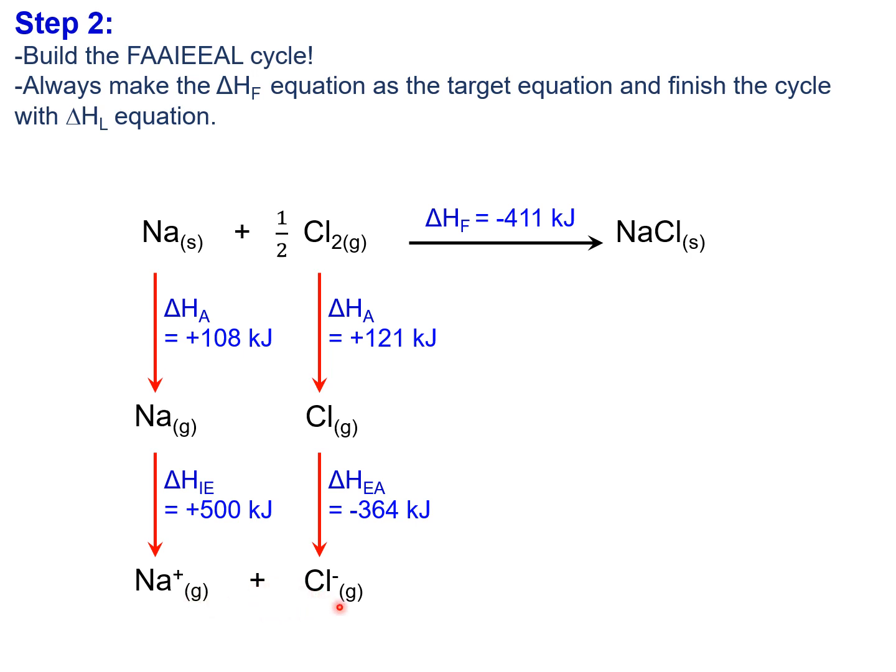Okay, and lastly is your thermochemical equation of lattice energy. Okay, di mana 1 mole of solid ionic crystal is formed from its gaseous ions, and this is something that you need to find.